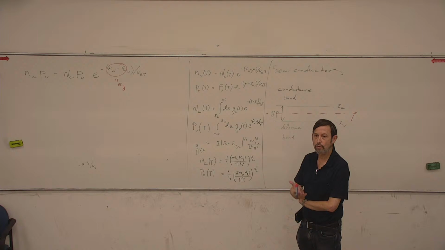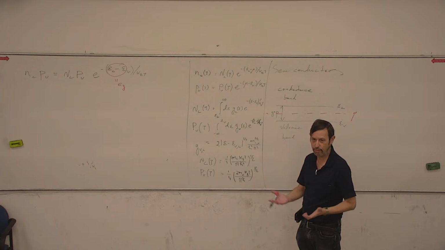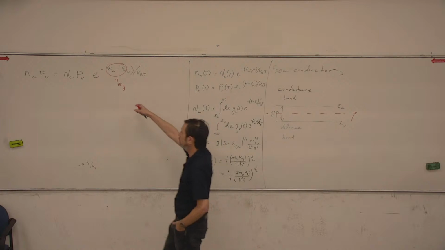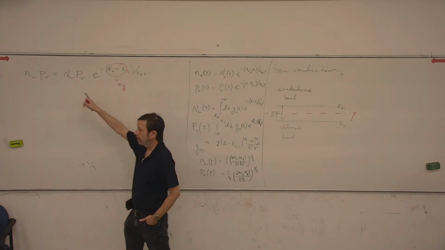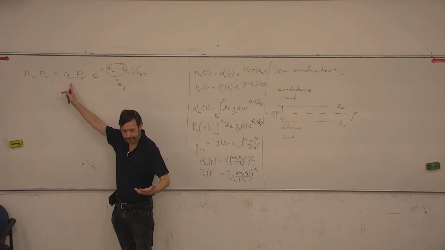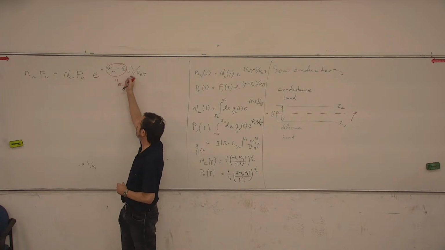Right. So the number of electrons and holes, if I multiply them one by the other, just depends on the gap. That's all. I can say temperature, of course, gap divided by the temperature, that's the main influence.